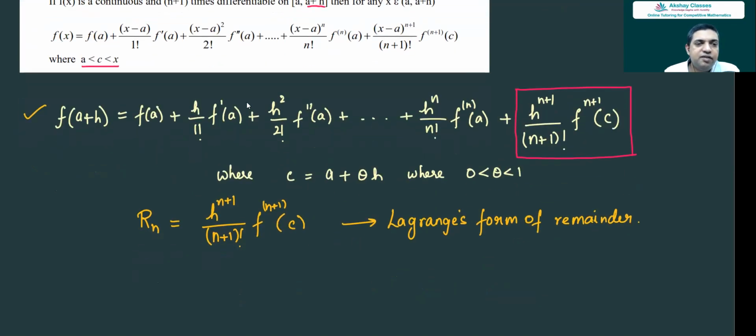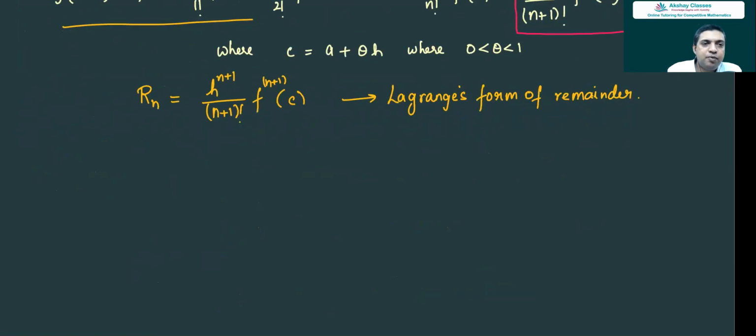If you just take the first two terms, what do we get if we are approximating it? f of x is equal to f of a plus (x minus a) by 1 factorial into f dash a.